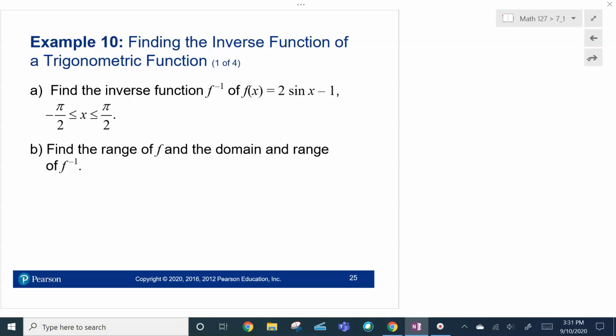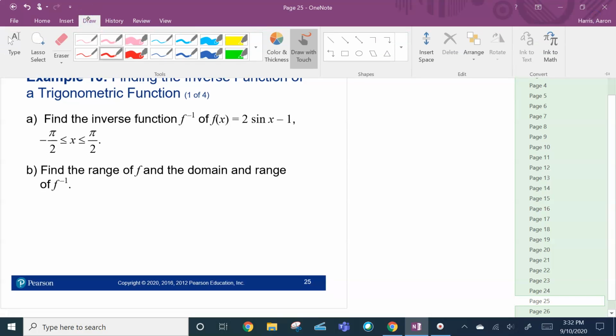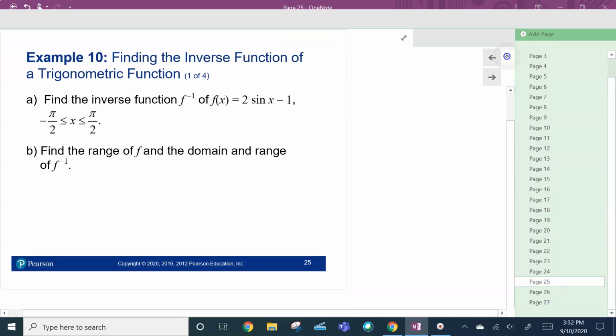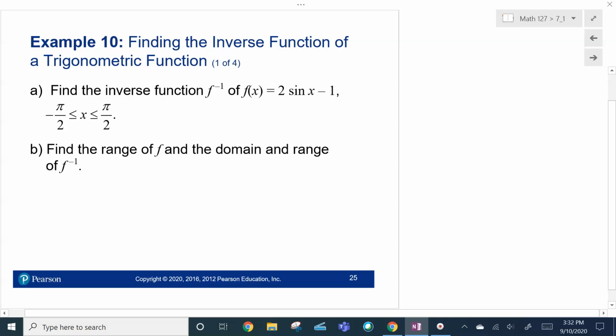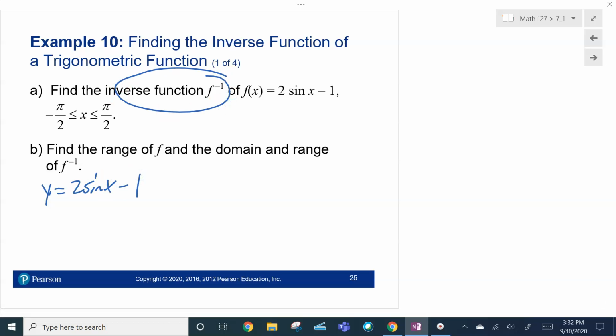So find the f inverse where we've got y equals 2 sine x minus 1. Let me get my old beloved blue. You guys know I love my blue here. So y equals 2 sine of x minus 1. Now, how do you find the inverse function? If you remember from pre-calc, you've got to switch your x and y.